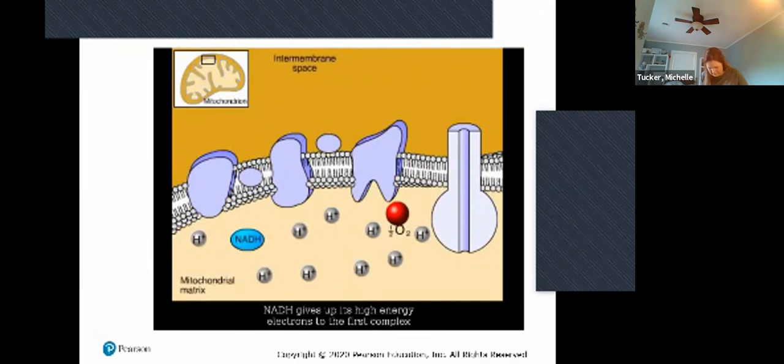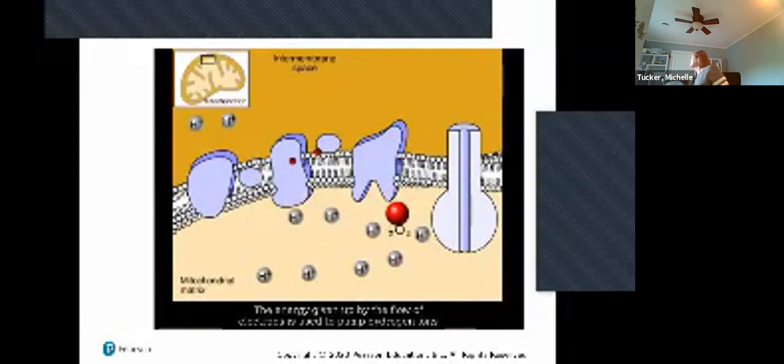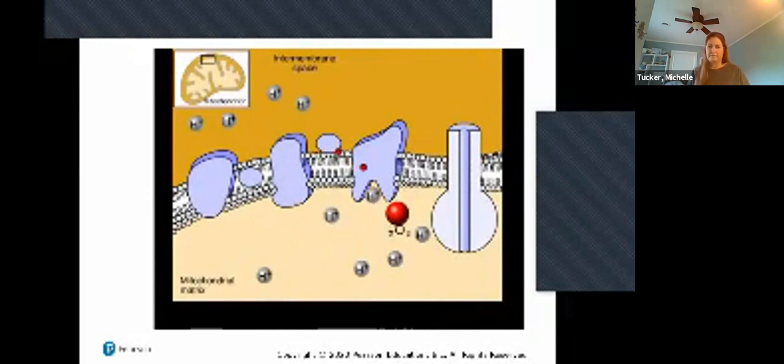NADH gives up its high-energy electrons to the first complex in the electron transport chain. The electrons move from one member of the chain to the next, giving up their energy toward oxygen. The energy given up by the flow of electrons is used to pump hydrogen ions from the mitochondrial matrix into the intermembrane space. Oxygen captures the electrons in the very last step in electron transport.